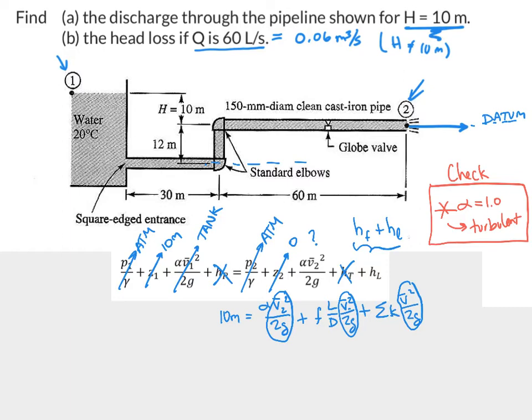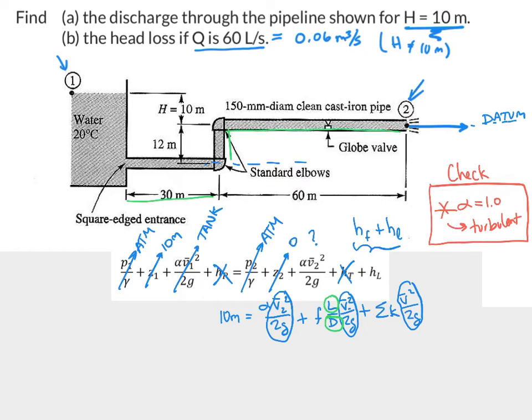For the rest of these things, if I mark in green what we know, we certainly know the length of the pipe. L looks like 30 going this way, 12 going that way, and 60 going this way. We know the diameter of the pipe, 150 millimeters, so that's 0.15 meters.